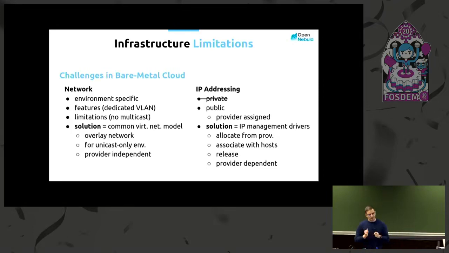The other part of the problem is that you have some IP addresses, but usually you need to notify the provider when you want to use the IP address on the selected host, so that it updates the routing or something to get the traffic to the right place. So about the IP addresses, two problems there.